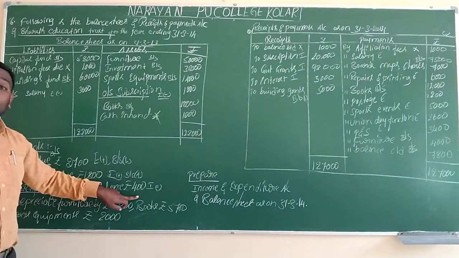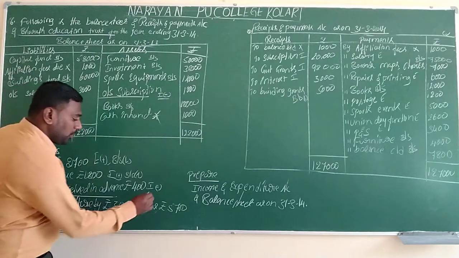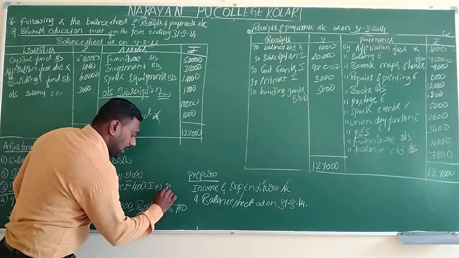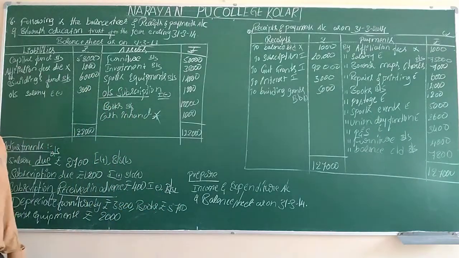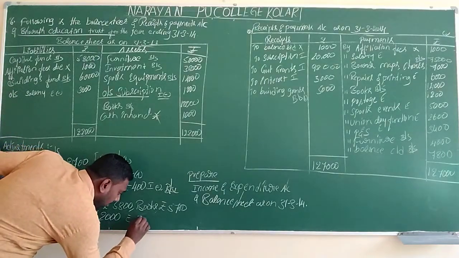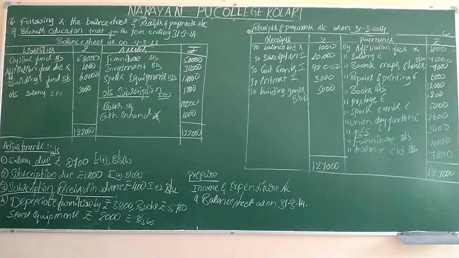The present year we should add, and the upcoming future years we should deduct: incomes minus, and up to the receiving it is a liability we should show on the liability side of the balance sheet. Depreciation is nothing but expenses, and balance sheet minus we should get these values. Apart from this, we have to prepare the necessary ledger accounts of the Bharat Education Trust.